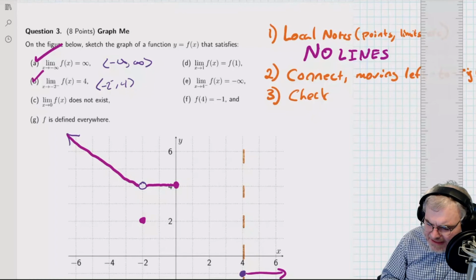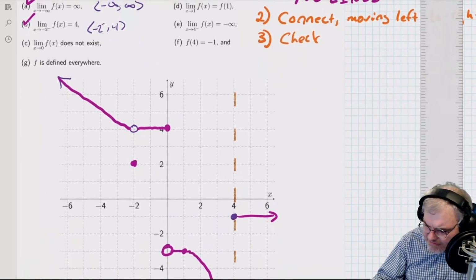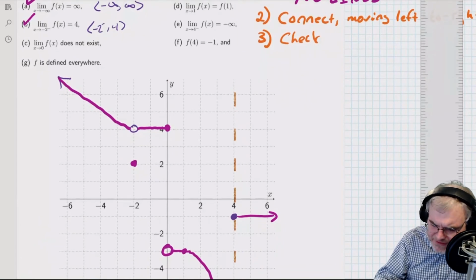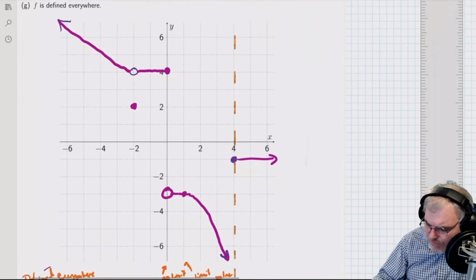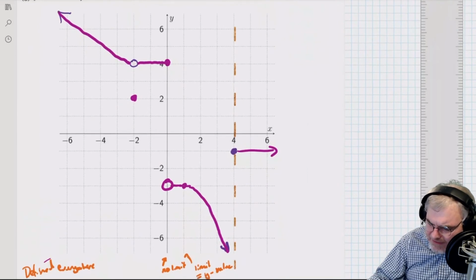Is it the case that the limit as x goes to 0 does not exist? Yes, because it's different from the left than it is from the right. Is it the case that the limit as x goes to 1 of f of x equals f of 1? Yes, they're both negative 3.